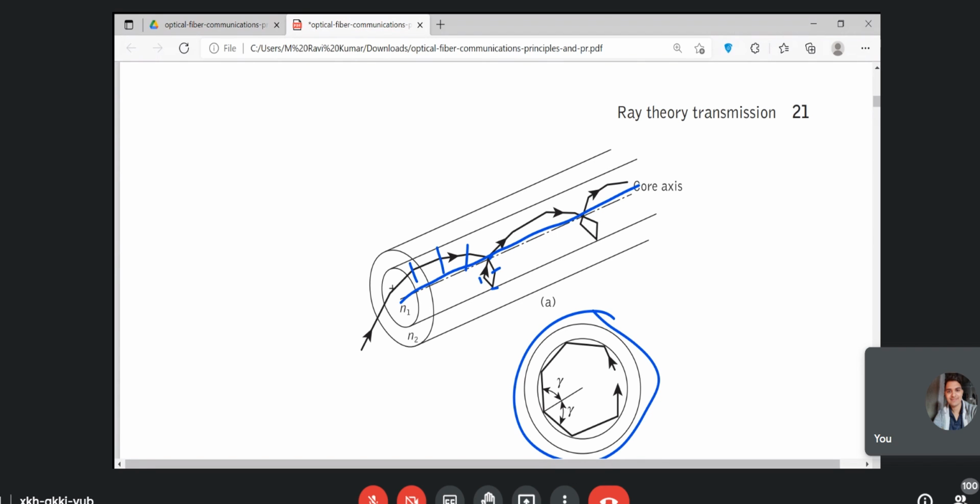So these are different points along this. This is what is known as a skew ray, and it does not propagate along the axis of the core.